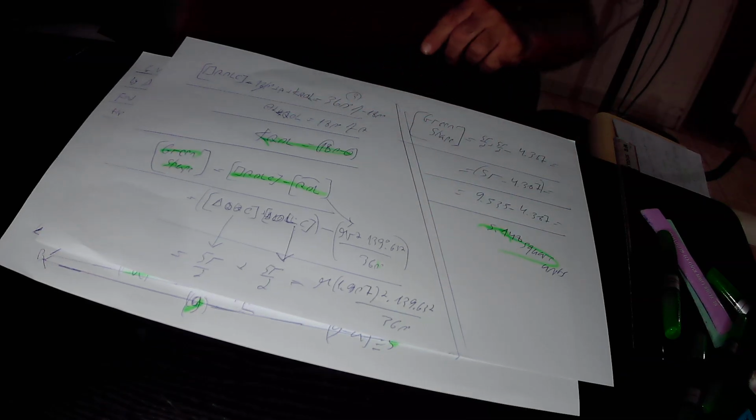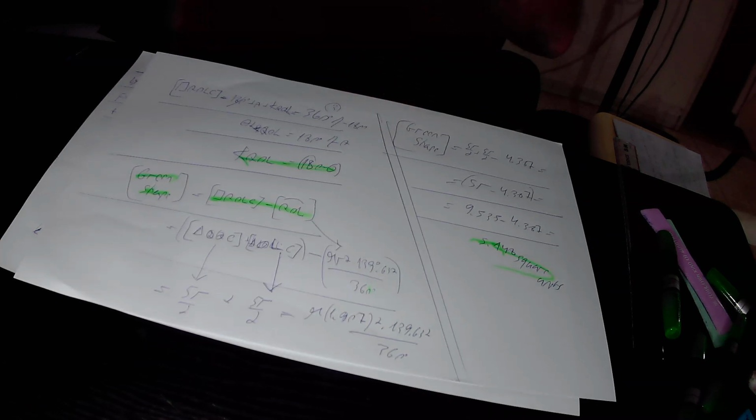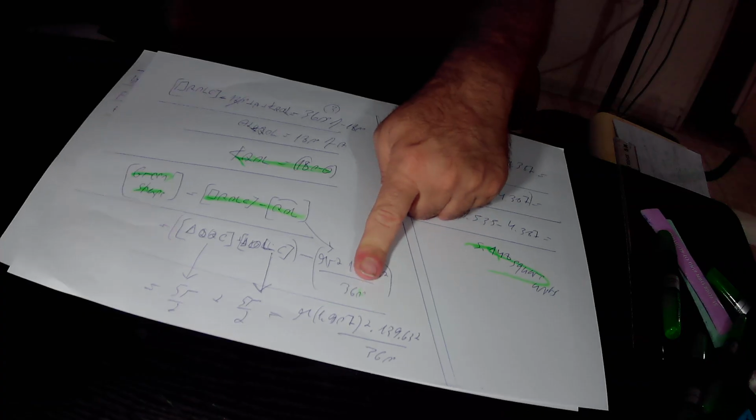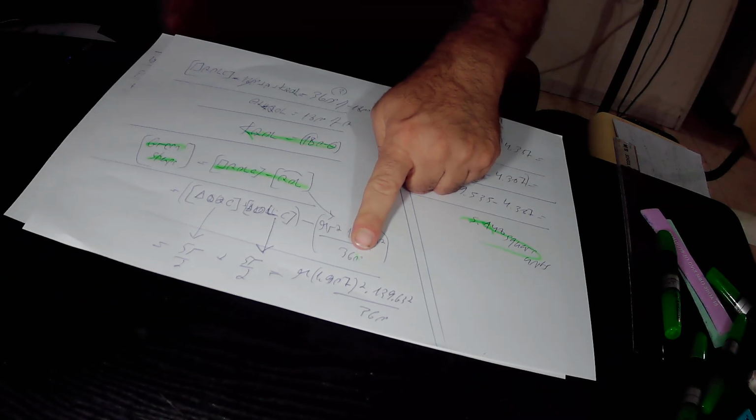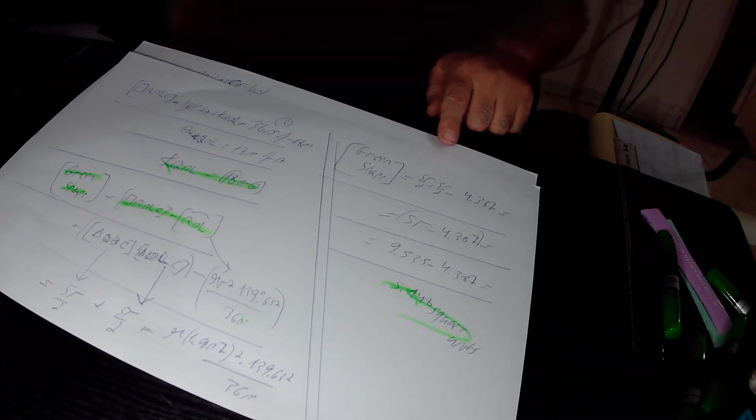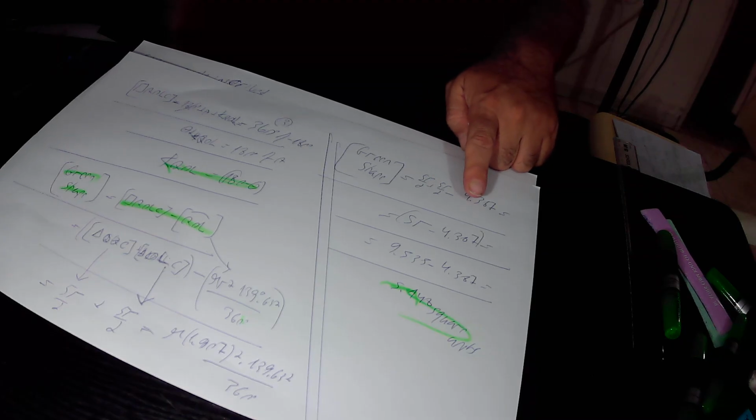5R over 2 plus 5R over 2 is 5R. In total, the value of the sector expression is equal to 4.387 squared in size. So the area of the green shape equals 5R minus 4.387.